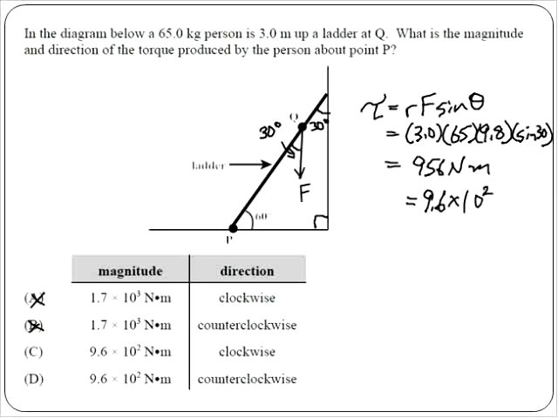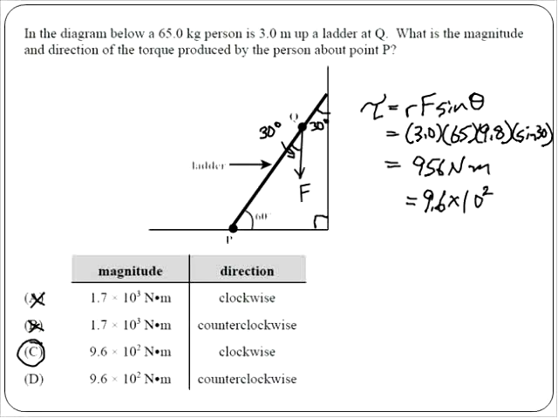Okay? Now we got to worry about the direction. So use the old trick with the pencil. Hold it up so it makes the same angle as the ladder. Grip it at the bottom, and then pull down at the point Q. Pull straight down, and your ladder would start to rotate clockwise, which tells you the correct answer is C. Correct answer is C. And we're done.